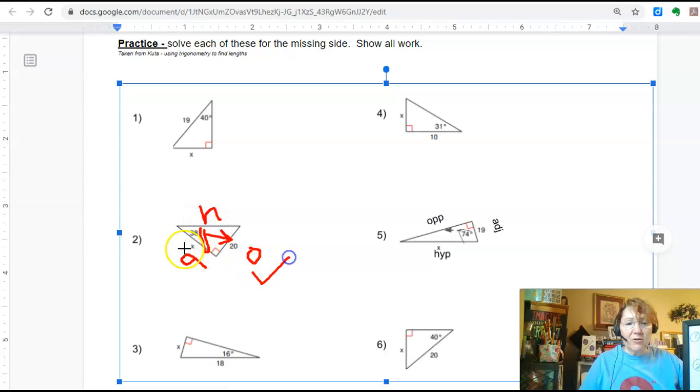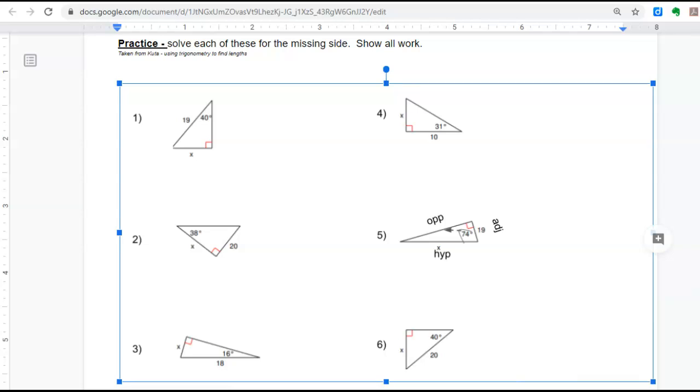So I have an O and an A, and if I remember, that is going to be tangent. So the tangent of 38 is equal to 20 over x, because 20 is across, it's opposite, and x is going to be my adjacent.